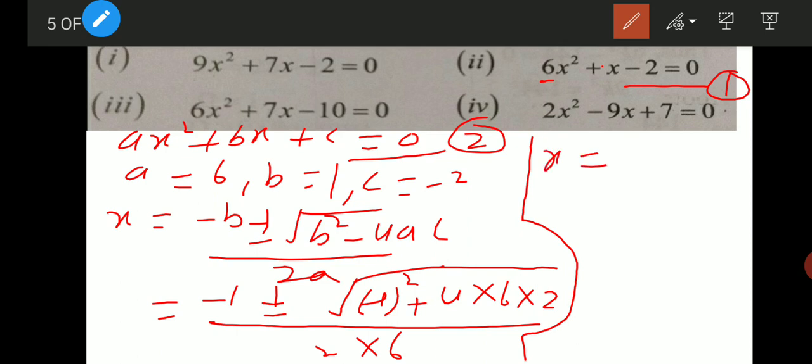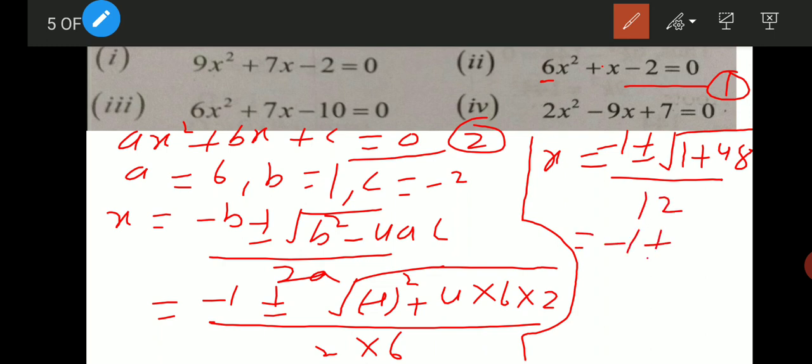So x is equal to minus 1 plus minus under root of 1 square, that is 1, plus 4 times 6 times 2, that is 48, upon 2 times 6, that is 12. So it becomes minus 1 plus minus under root of 49 upon 12. So it becomes minus 1 plus minus 7 upon 12.